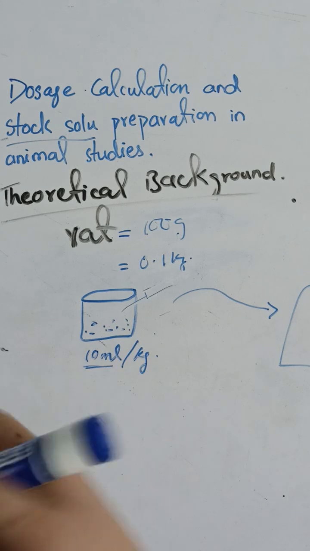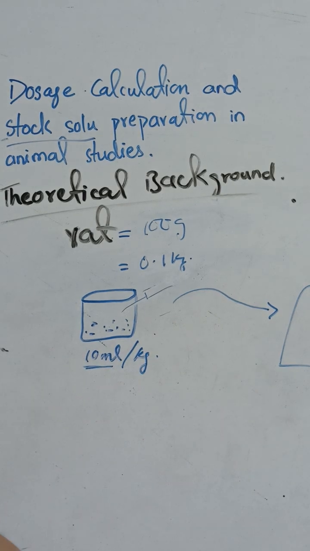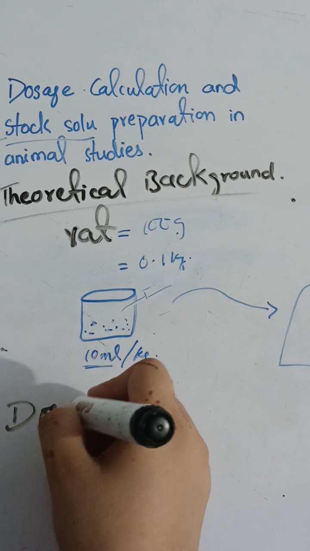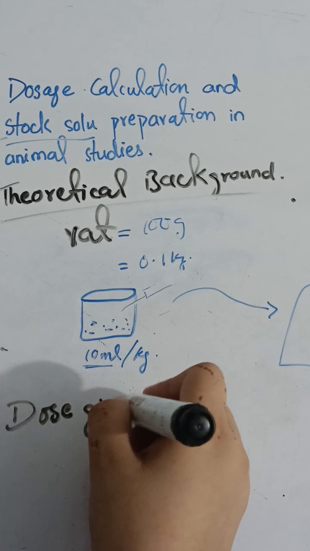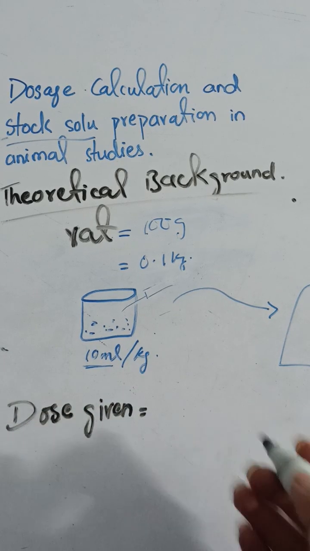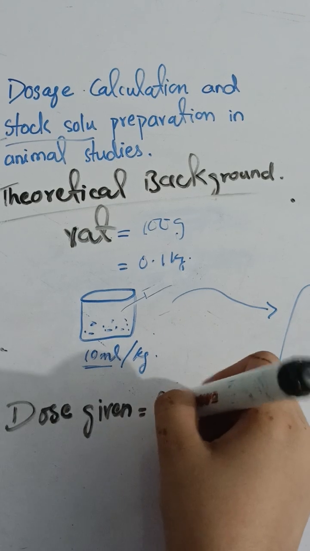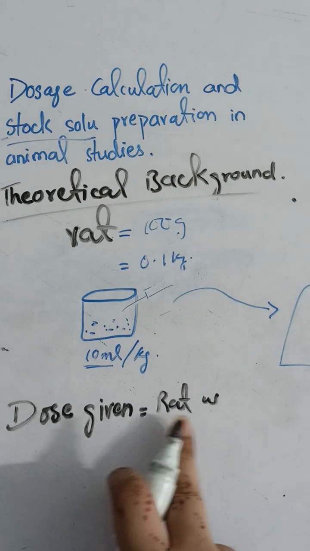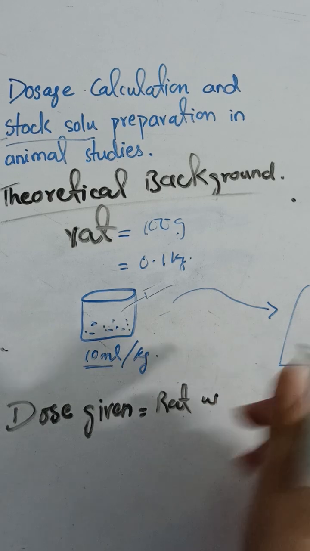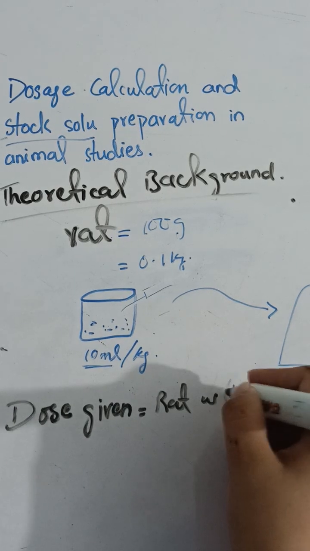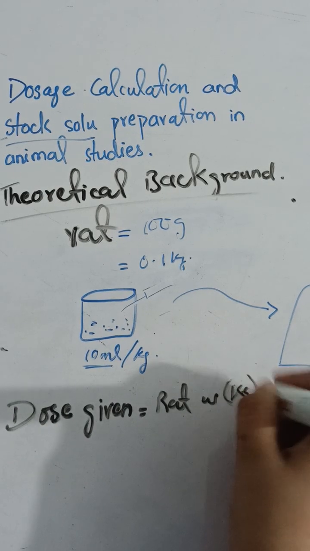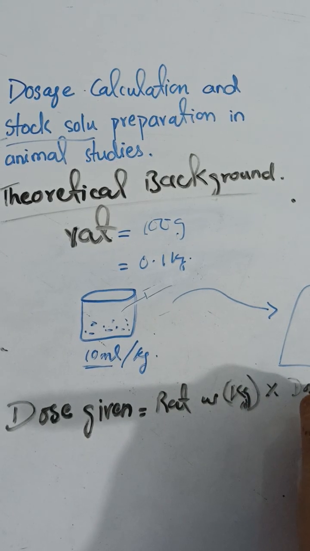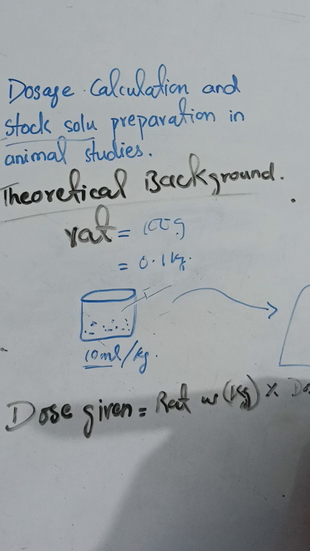The formula is: dose given is equal to the weight of your rat, and remember, always the weight of the rat will be in kgs, not in grams, right? And multiply it with the dose per kg.